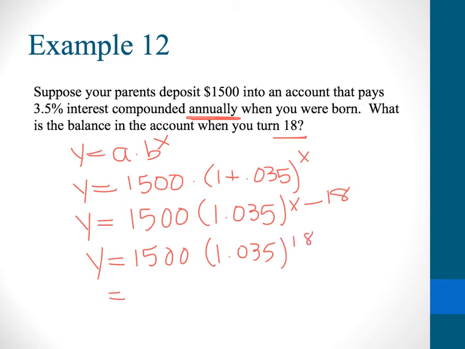So now if I type all this in, I get 2,786.23, or $2,786.23. So you have to think, if your money is just sitting there and you don't put any more money in there and you're not taking any money out at 3.5% interest, you're going to make an extra $1,286.23 just for having your money sit in that bank.